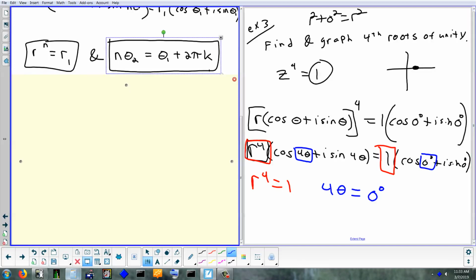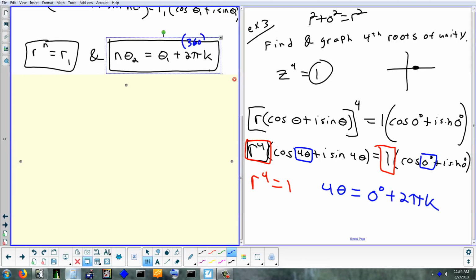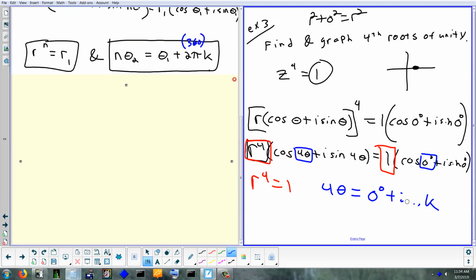So you can add or subtract 360, and that's what gives you the other answers. If you didn't add the 360 or the 2 pi, you would only get one solution. Adding the 2 pi k is what gives you all of them. I kind of did this one in degrees, so I'll just put 360 above it, and we'll do this one in degrees.